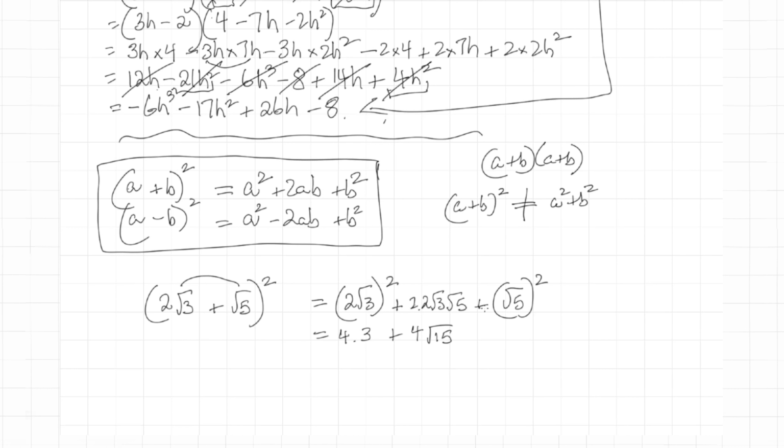And then plus root 5 times root 5 is equal to 5. 4 3s are 12. And 12 plus 5 is 17 plus 4 root 15.